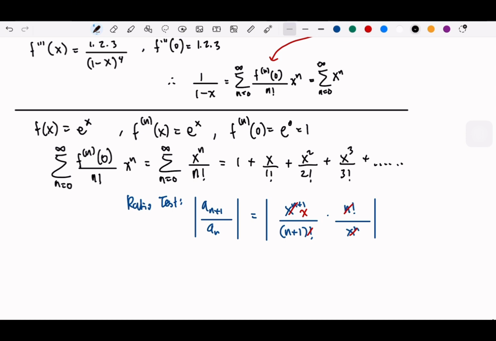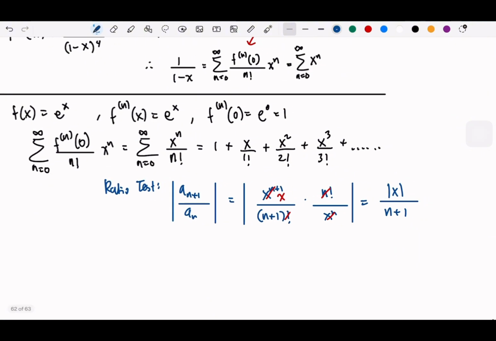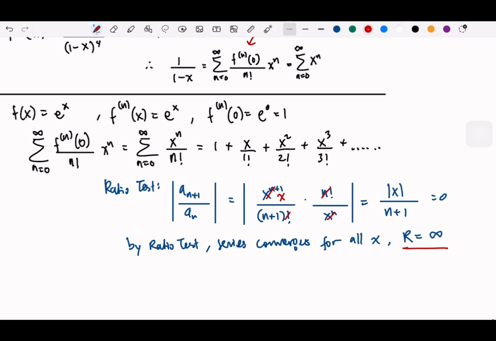So we have x over n plus 1, and since this is going to be 0 for every x, we can write by the ratio test that the series converges for all x, so R will be infinity for all x. Okay, so it applies for all x.